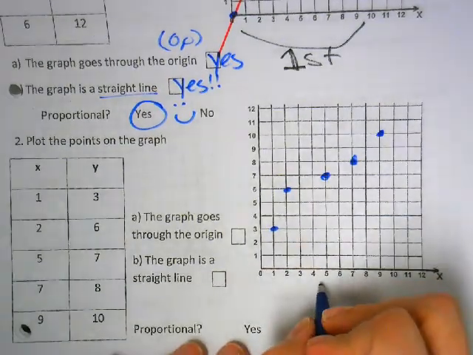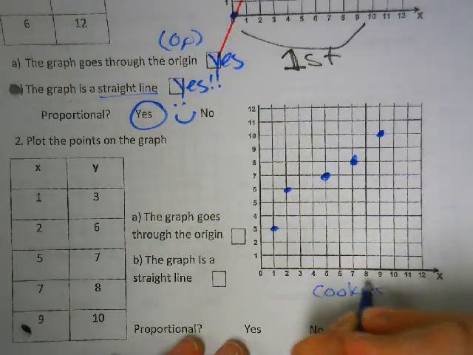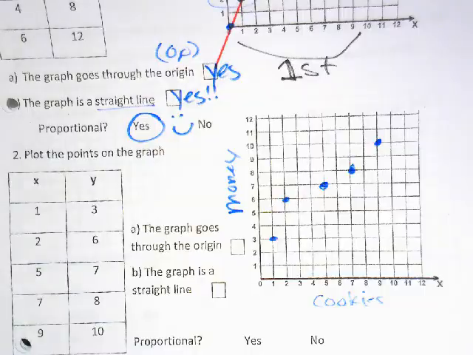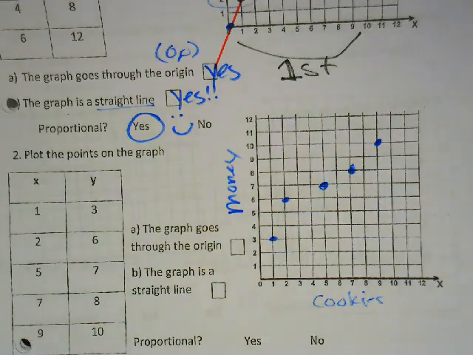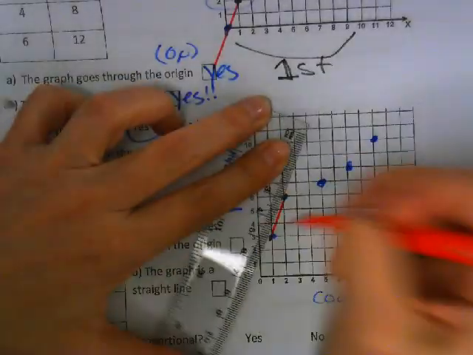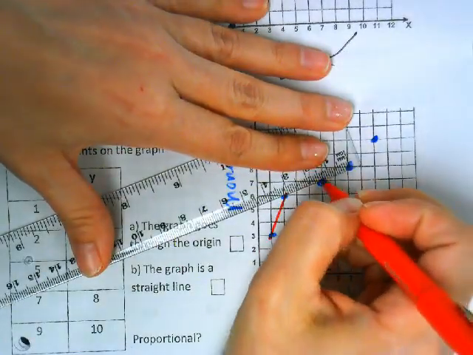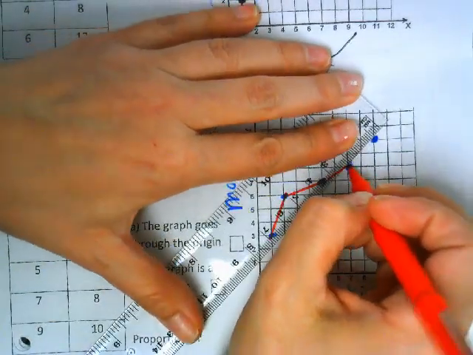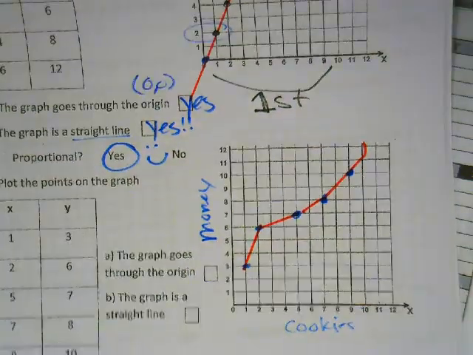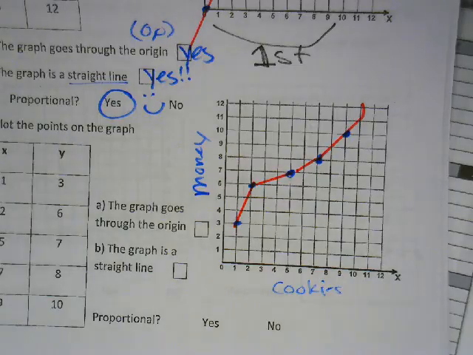Like let's say this is cookies and this is money. Okay? So I'm going to connect with my ruler. I'm going to connect with my ruler still. Oh, it's not straight.